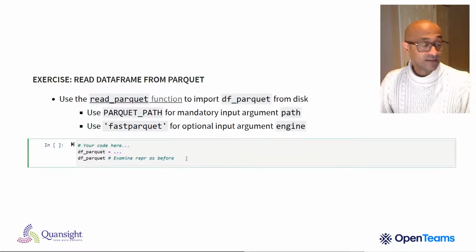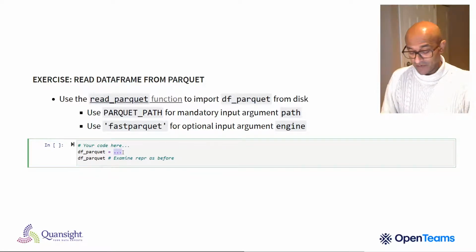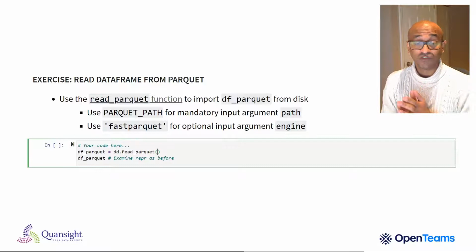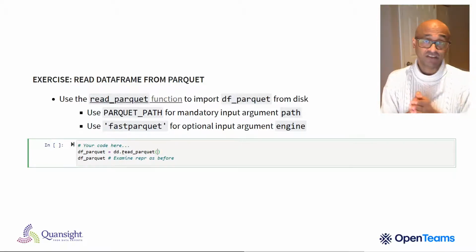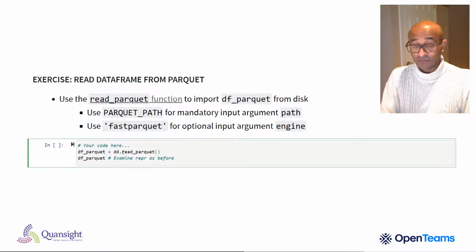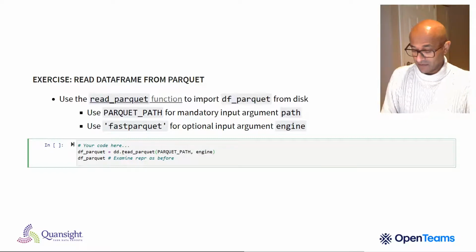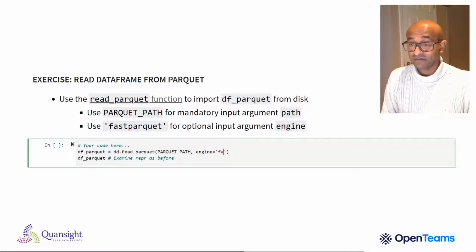So we can now take that file that we've just created and we can actually read data from it, right? So just as there is a read CSV method, there is a read Parquet method. And again, as is typical in the Dask.DataFrame module, we're mirroring a Pandas function. There's a Pandas function with exactly the same name, and it has a similar syntax, and again, we have to specify the fastparquet engine.